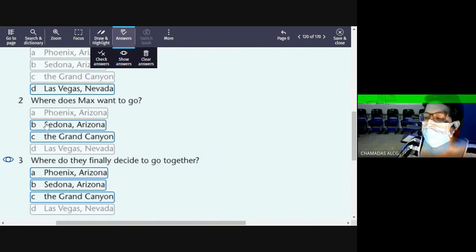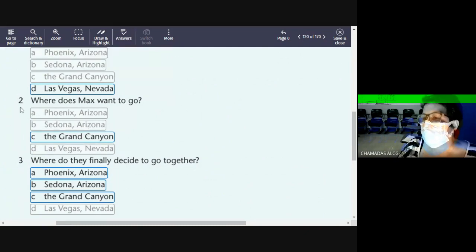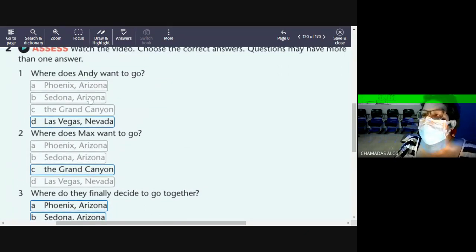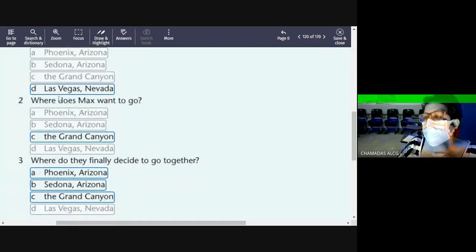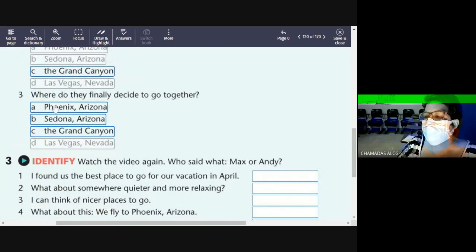So here we should consider the second one not right. Here it's letter C because Andy wants to go to Las Vegas and Max wants to go to the Grand Canyon. And finally here, they decide to go to those three places, okay?